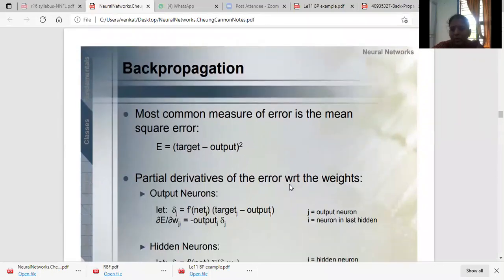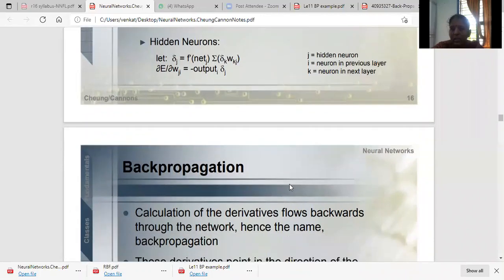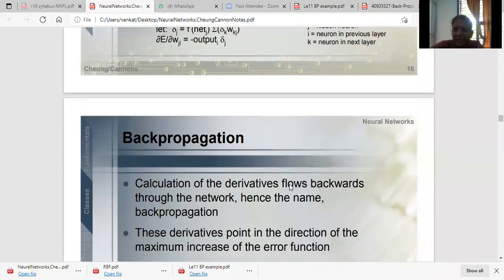Preferably we use the most common measure of error, the mean square error, and we evaluate partial derivatives of error with respect to weights at the output neurons, hidden neurons, as well as input neurons. The calculation of this derivative flows backward through the network, so the name backpropagation algorithm.